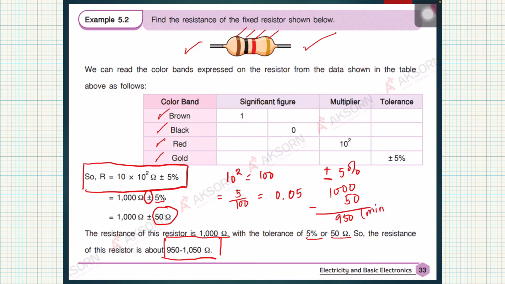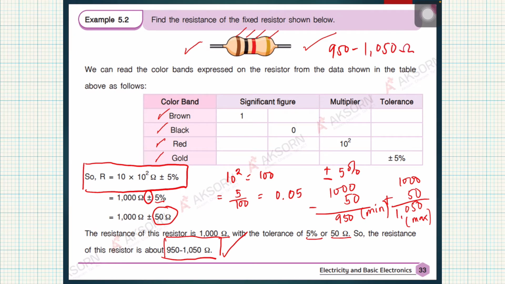On the maximum side, 1000 plus 50 will give you 1050. So the answer is 950 to 1050 ohms. This resistor has a tolerance of 5%, which is 50 ohms, and has a resistance of about 950 to 1050 ohms. Is that clear?